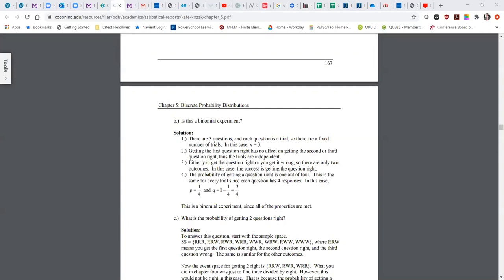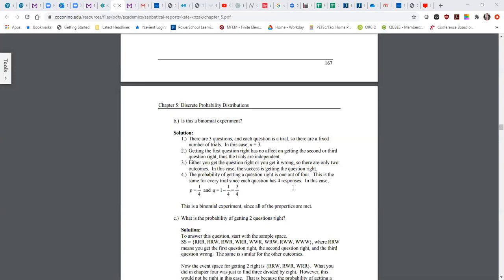Either you got the question right or you got it wrong, so there are only two outcomes, right or wrong. In this case, success is getting the question right. And the probability of getting a question right is 1 out of 4, and this is the same for every trial, since each question has 4 responses.